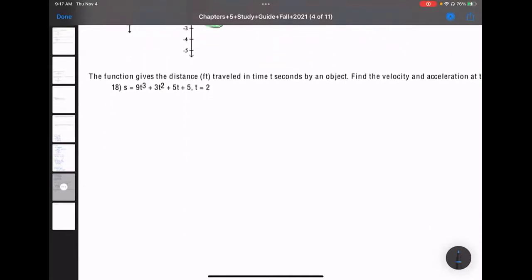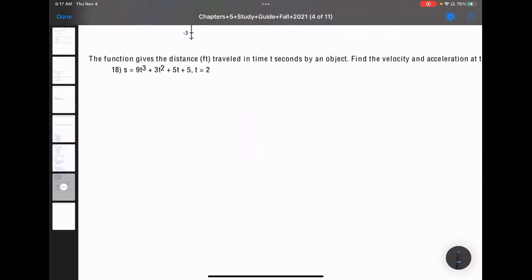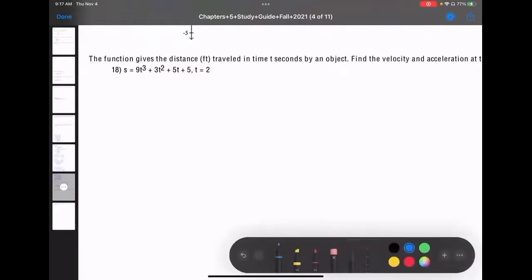Awesome. Going to number 18. The function gives the distance traveled in t seconds by an object. Find the velocity and acceleration at the time given. So velocity is the first derivative and acceleration is the second derivative.